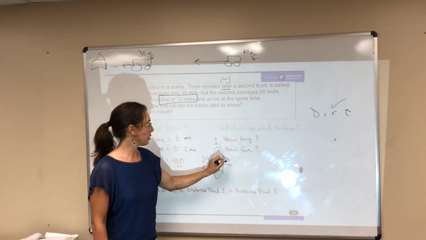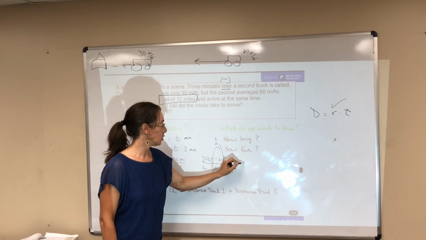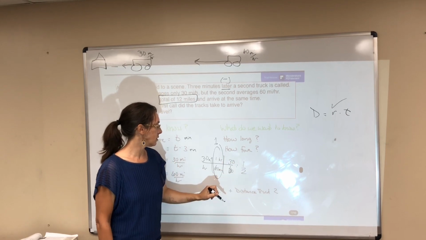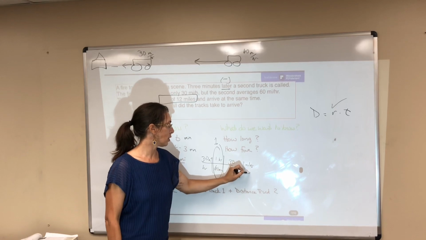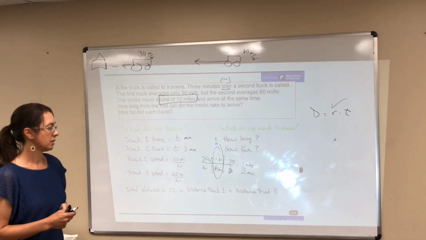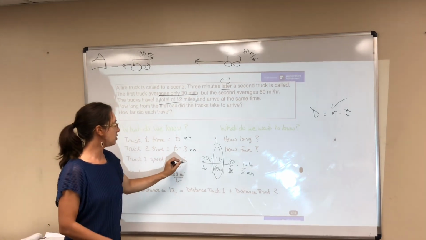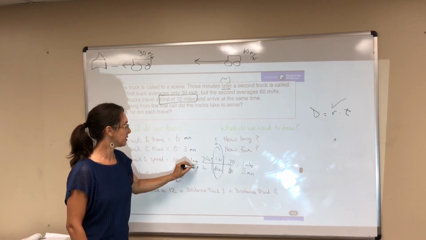Which means I end up with 30 divided by 60, or 1/2, 1 to 2, miles per minute. So I can change his speed to 1 mile for every 2 minutes.